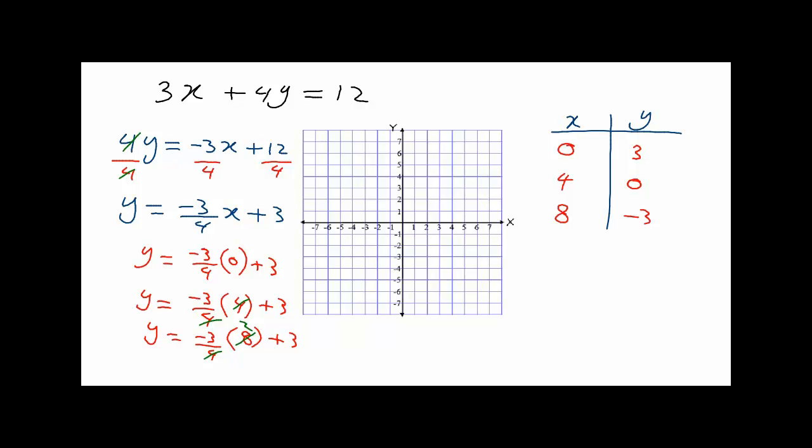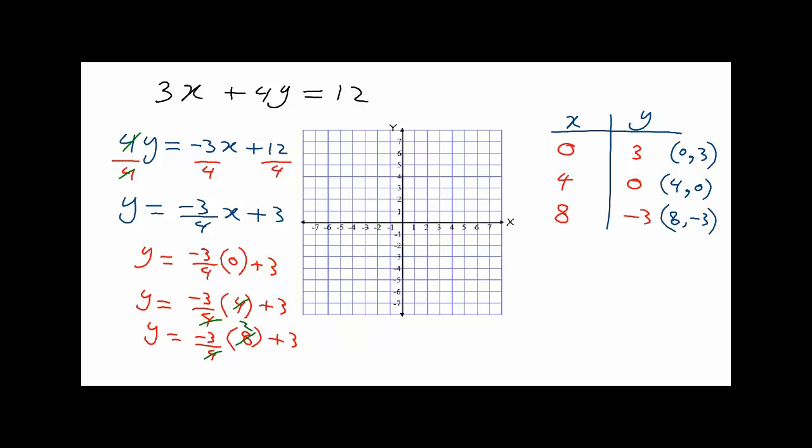Now, we have got 3 pairs which are points on the line, and they are solutions for this line. The first point is 0 and 3. Second point is 4 and 0. Third point is 8 and negative 3.